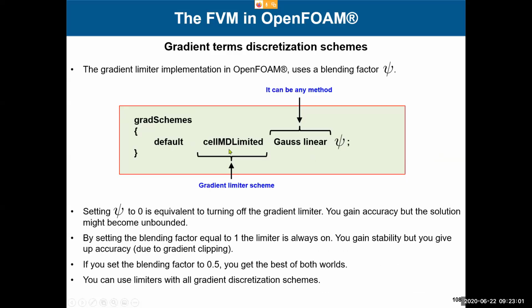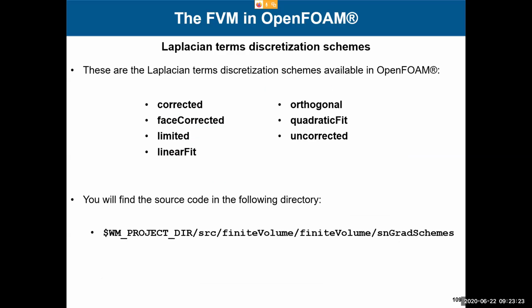Okay, so when you do this, the formulation, default, this is your gradient limiter, and then here you put a blending factor. You put it 1, means that it is always on. If you put it 0, it's off. Okay, so 1 is very aggressive, and sometimes if you put it in pressure, since you have it default, it will also do it for pressure. It might add some diffusion for your forces. So be careful about that.